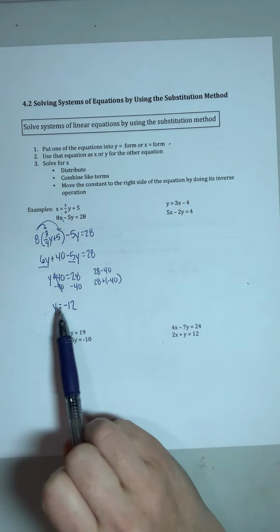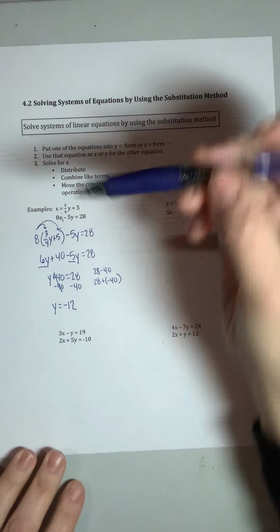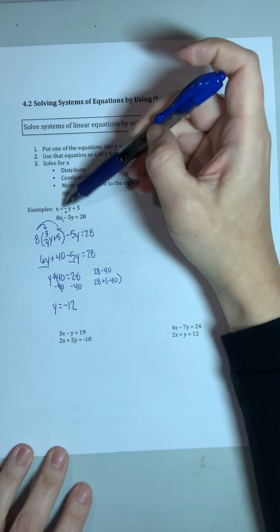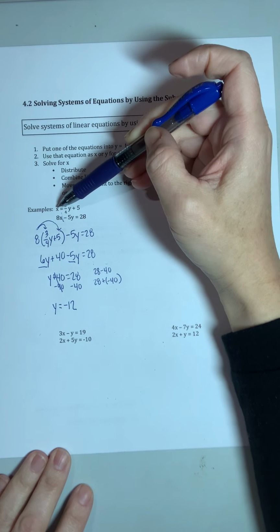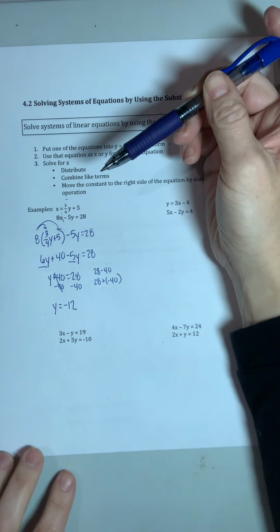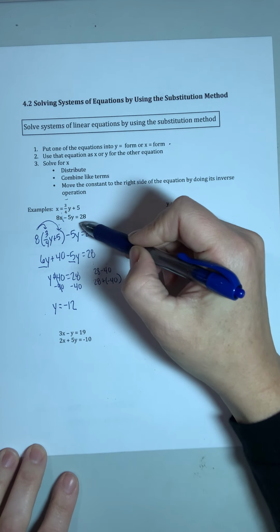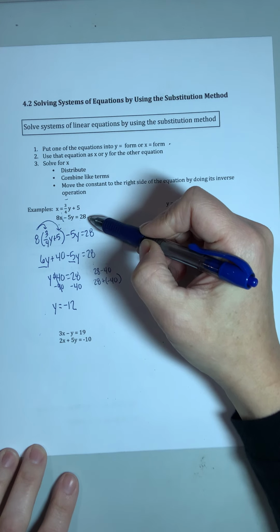Now we have to use this y and figure out what x is. Now up here, they said x is this, but this had a variable in it. So now we have to figure out what x is with no variable. I am going to use this equation. You can use either one, but I'm going to use this one because it doesn't have fractions in it.